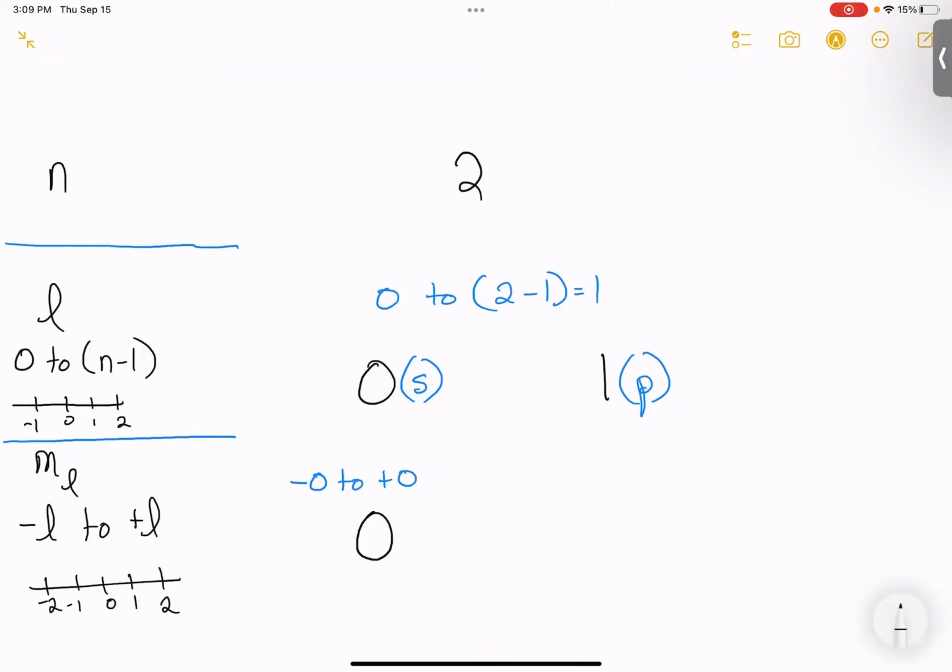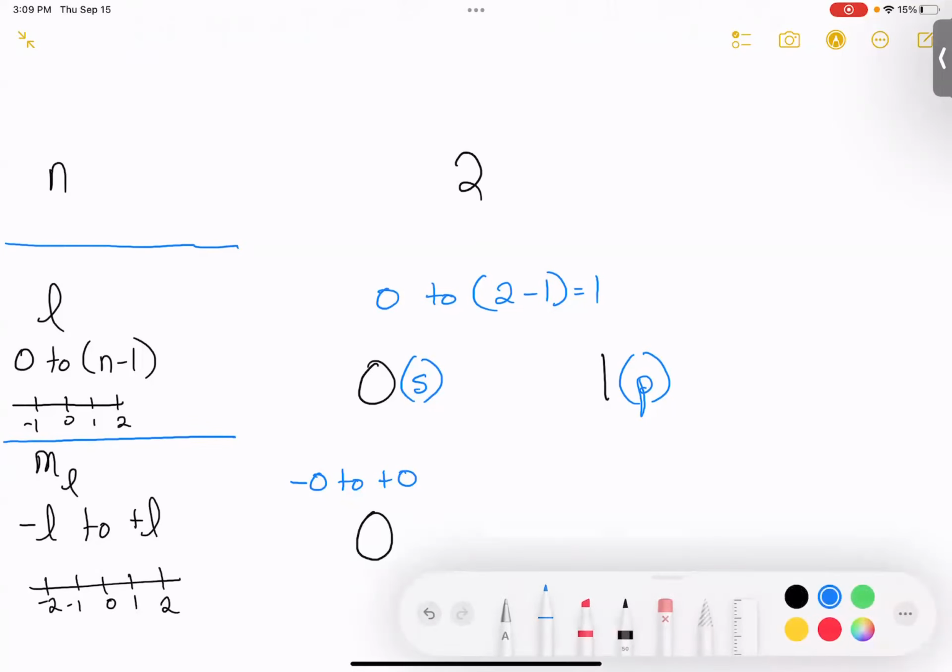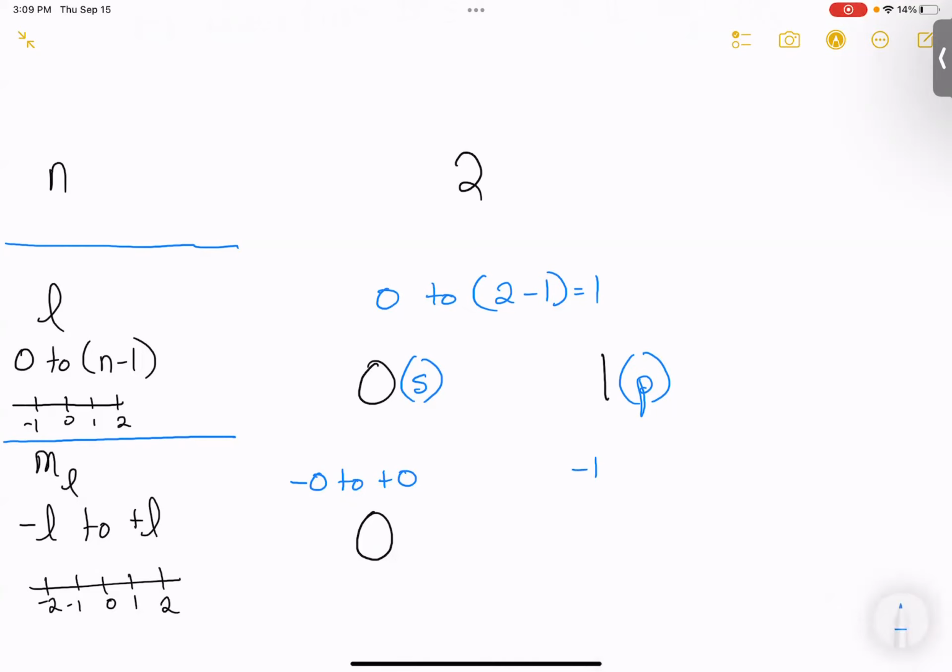But for the right-hand one, following the rules I have up there, it can be a negative 1 to a plus 1 on a number line. So it can be a negative 1, it can be a 0, and it can be a 1.